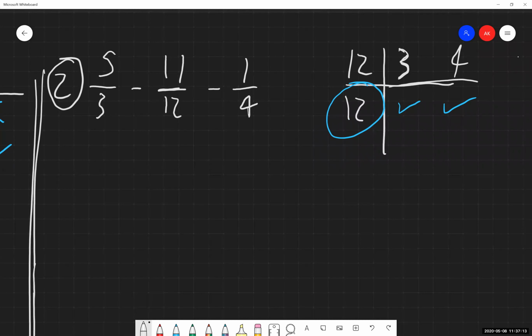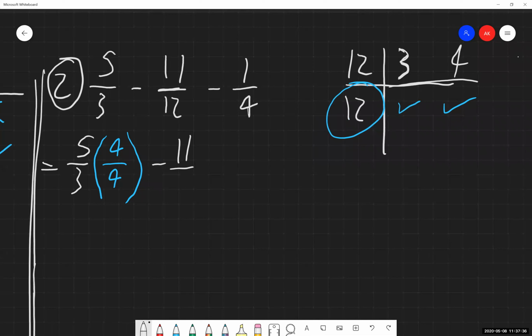So now I need to create equivalent fractions of each of our originals so that they have a denominator of 12 so I can add these things together. I have 5/3 and I want to convert that to have a denominator of 12, so I need to multiply top and bottom by 4.